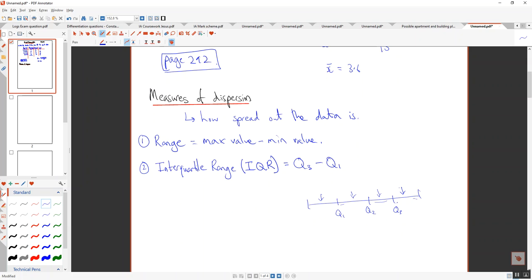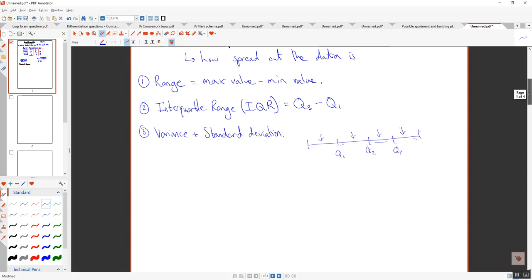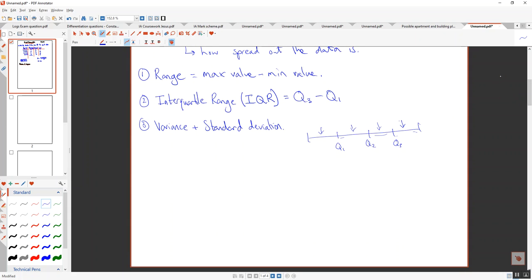We'll come to outliers in a second. Okay, third one is variance and standard deviation. We're going to look at standard deviation and variance.